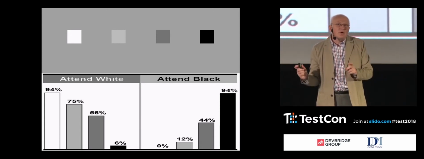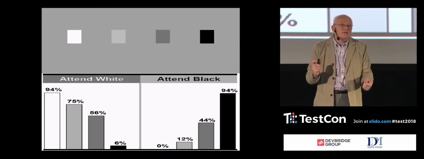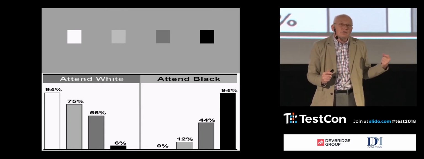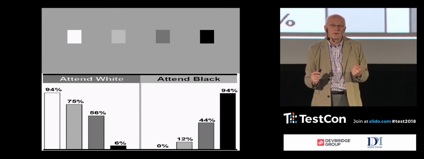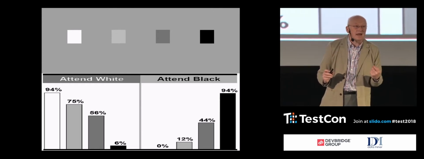So we fail to spot an object, not because of its lack of saliency, its visibility, but because it is not close to the attentional set of the items we are looking for. And that's got a tremendous impact and relevance to testing there.